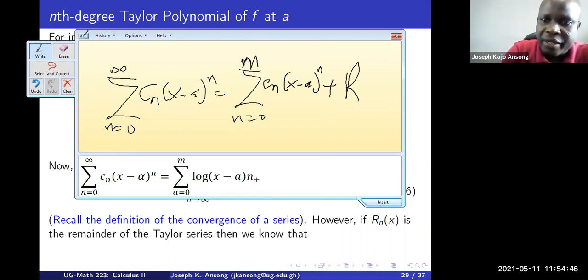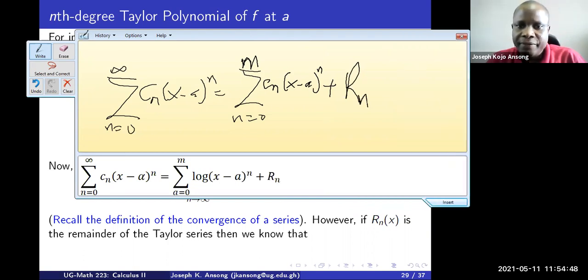So I'm going to have a remainder. You see that? That is where the remainder idea is coming from. I have a series that is going to infinity. I sum only the first N terms. Then there's a remainder from N plus 1 all the way to infinity. That is what is called the remainder term.